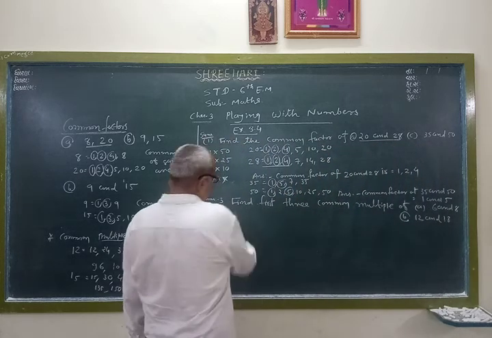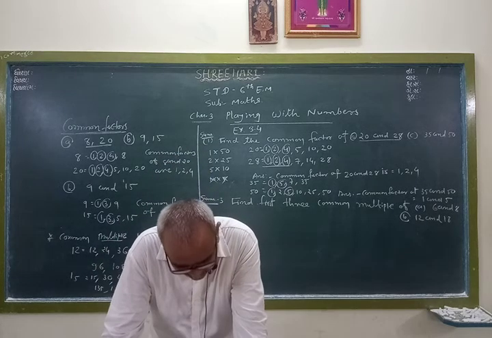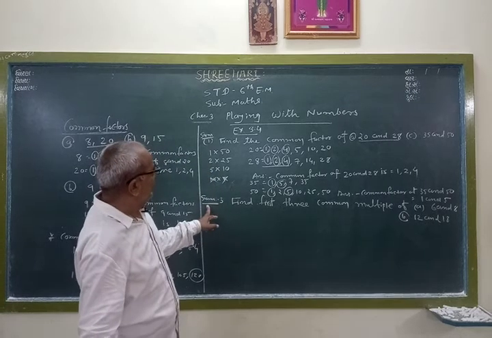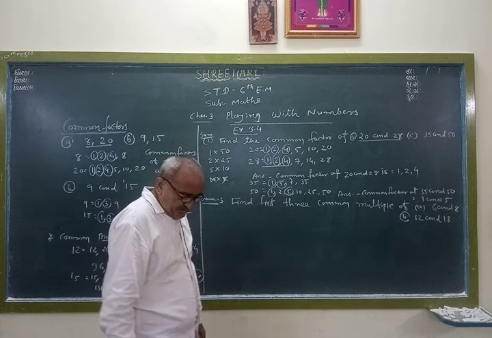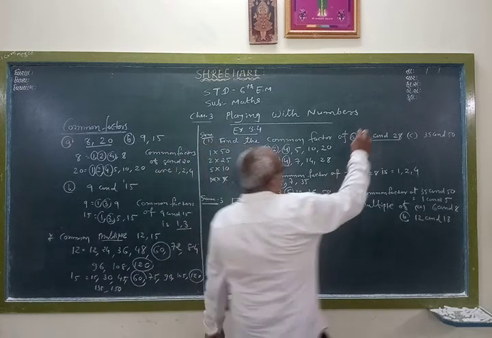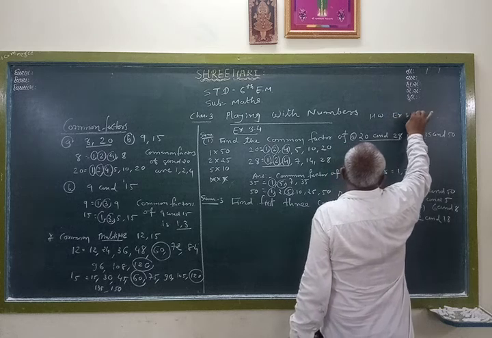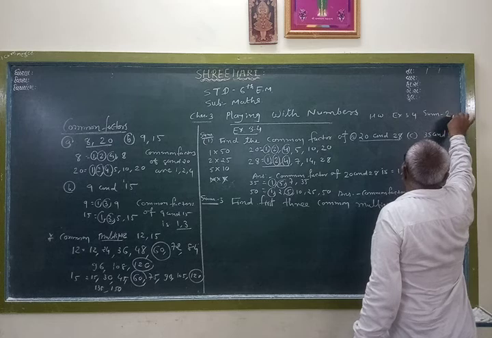Now sum number 3. What is sum number 2? Find the common factors of. Same, so you have homework. Sum number 2 is homework. Your homework is exercise 3.4 sum number 2.